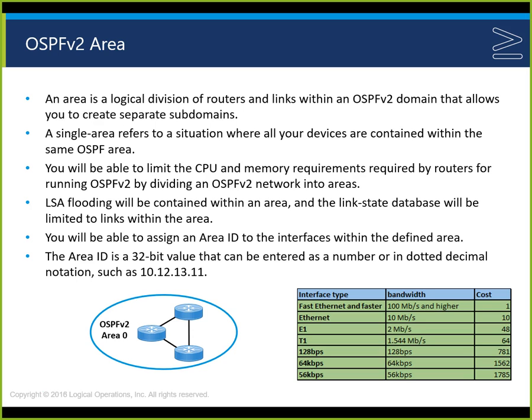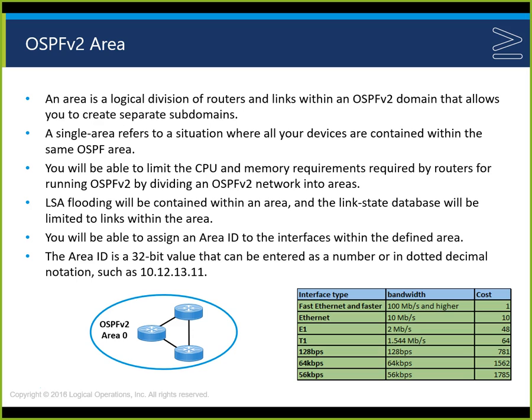If we have a relatively large network, we may need multiple areas because of the amount of resources this takes. It should run on most routers depending on how big the network is, and you have to look at the specifics of the routers themselves.